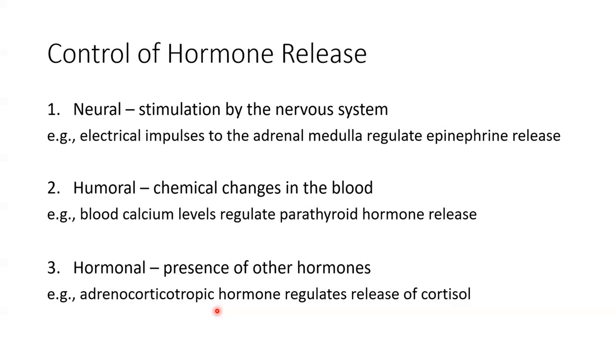If this hormone is removed from the bloodstream, then cortisol is no longer released in this way. So, stimulation by an action potential; stimulation or release by some kind of substance in the blood, typically some kind of ion; and then hormonal stimulation, which is the regulation of one hormone by the presence or absence of another hormone.